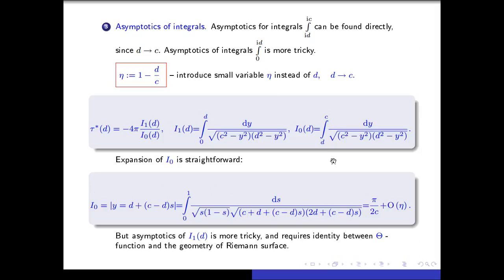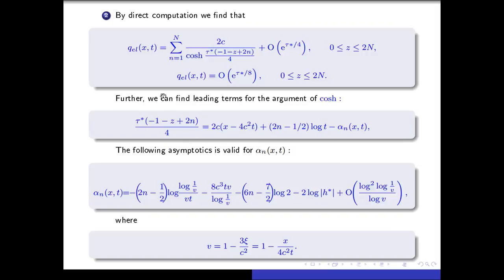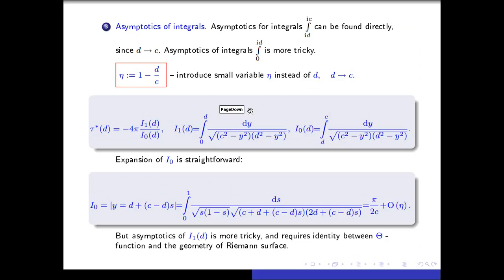The last thing which I would like to mention is to express this in terms of x and t. We need to find the asymptotics of some integrals. For example, we need to find asymptotics of I1, I0. The asymptotics of the integral I0 as d tends to c can be found quite easily.